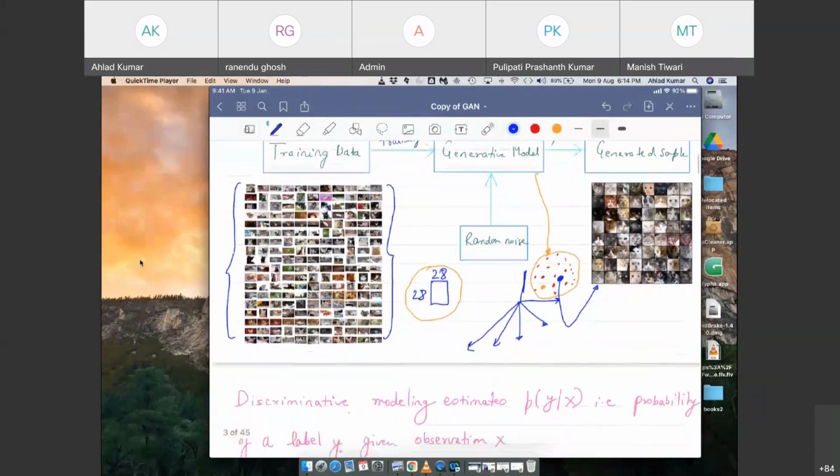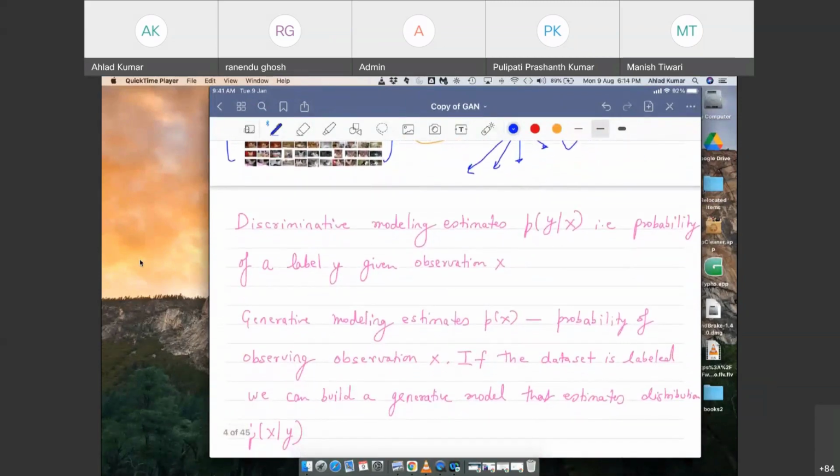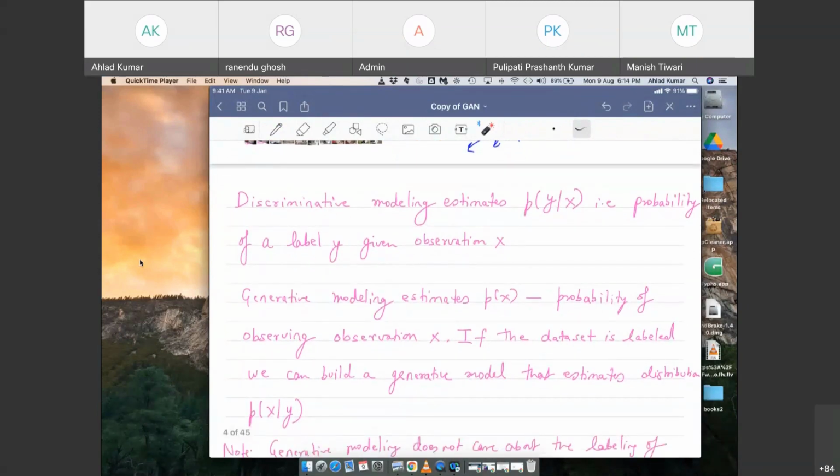You can see here, this is just a mathematical way of representing what I was telling: discriminative modeling estimates the probability of y given x. That is, it will create a probability for label y given the observations x. Whereas generative modeling estimates the probability distribution of x, where x is the number of cat images in our case.